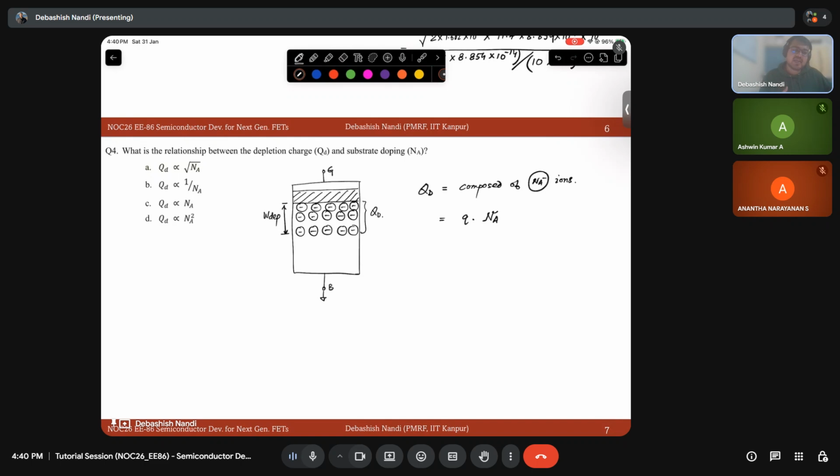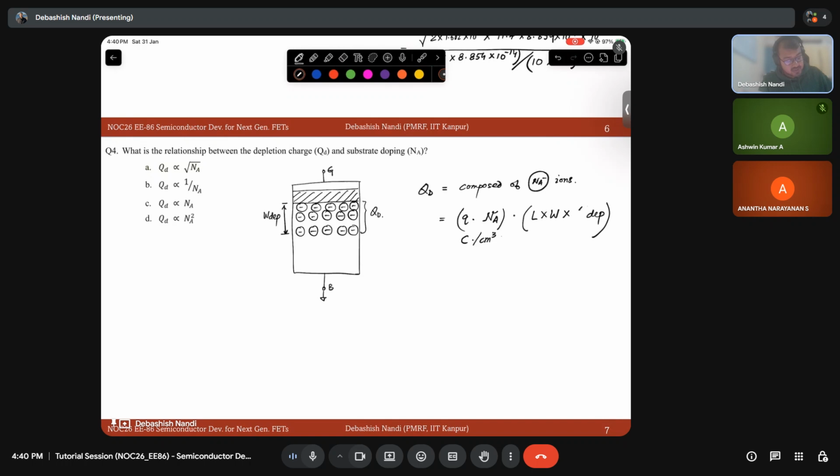Now I need to take care of the geometry. What is the unit of this? Unit of this is coulomb per centimeter cube. So to get the entire charge, I need to multiply it with the dimension. What is the volume of the charge? L times W times Y depth.